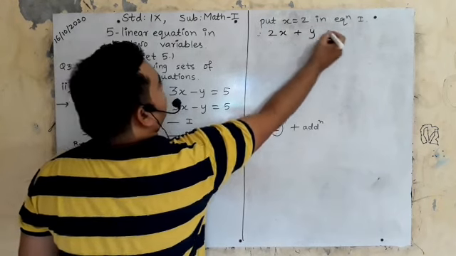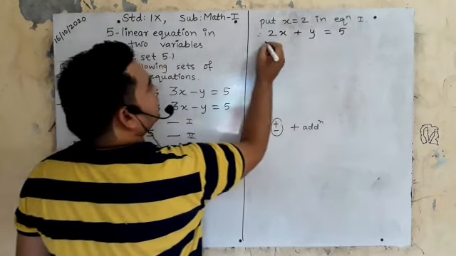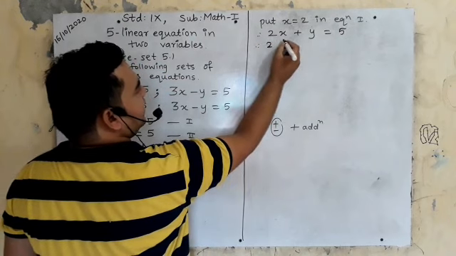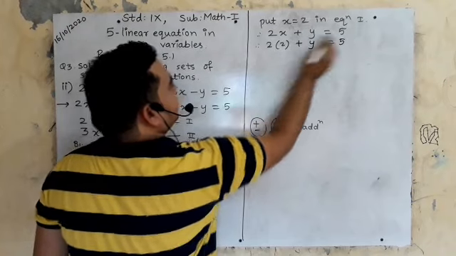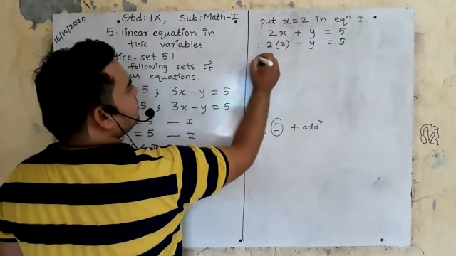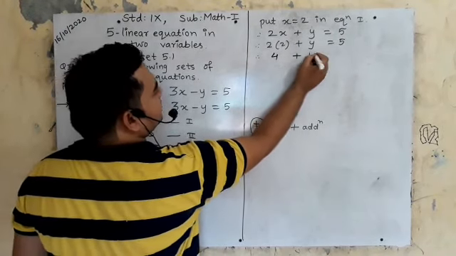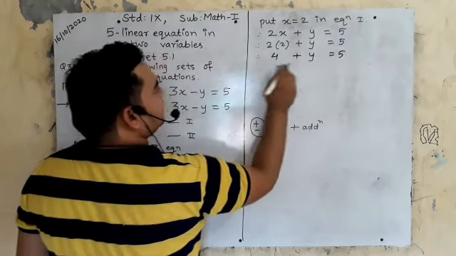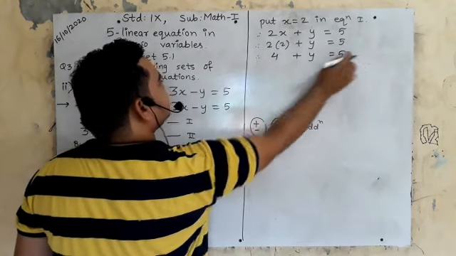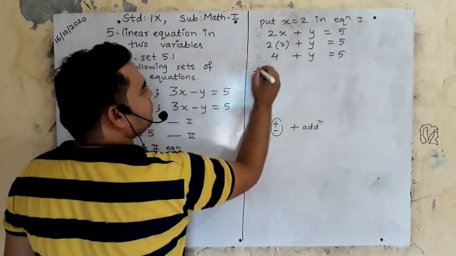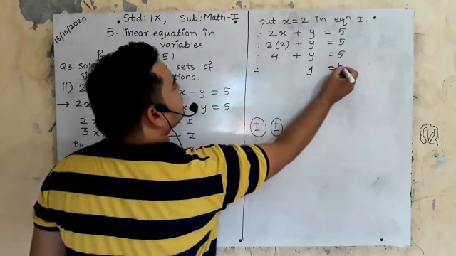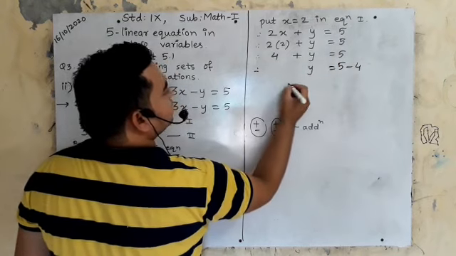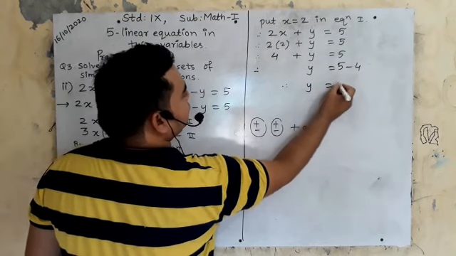So in the x place we will utilize 2: 2 into 2 plus y is equals to 5. Other as it is. 2 twos are 4 plus y is equals to 5. Now this 4 will go to the right hand side, it will subtract because it is positive here, right? So what will remain? y is equals to 5 minus 4. Therefore y is equals to 1.